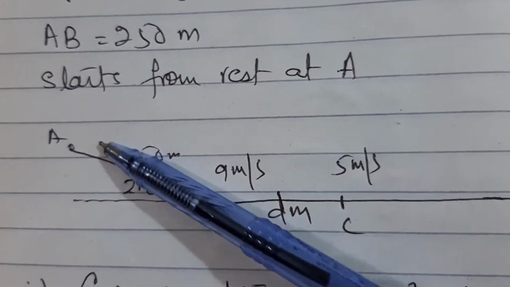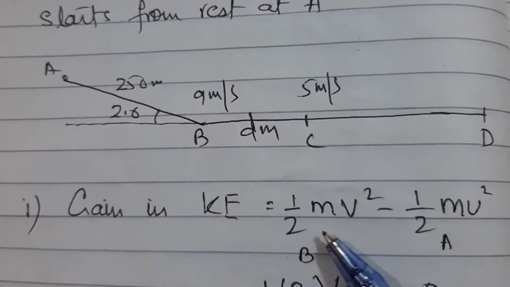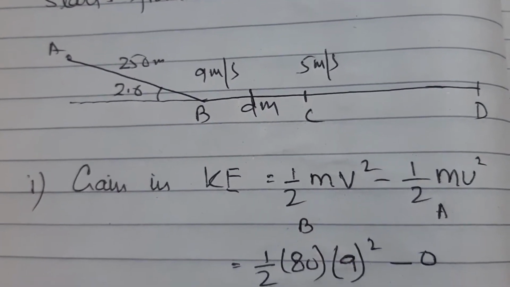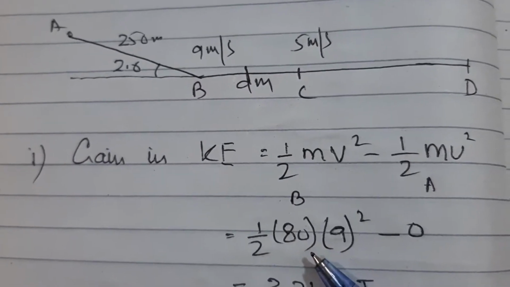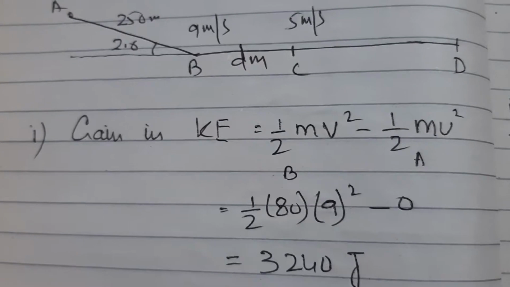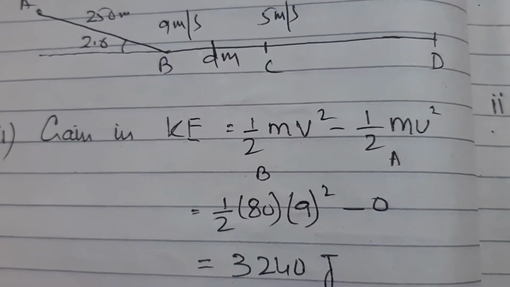It was 0 here, and here it is 9 meters per second. So I'm simply applying the formula, half mv squared, mass was 80. So I got the gain in kinetic energy, which is 3240, right? Because initially u is 0, so this whole term will become 0.